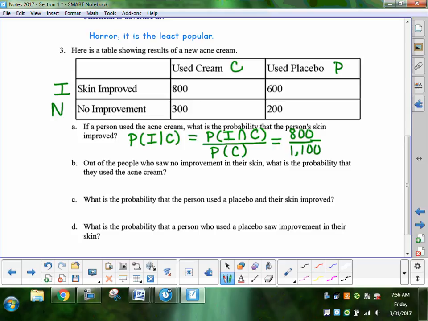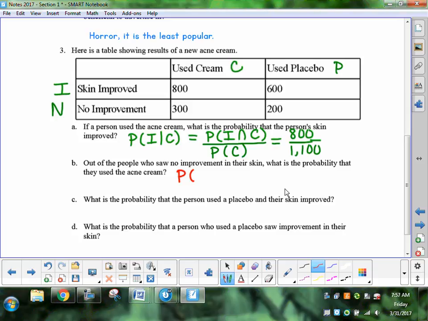What about for the second one? Jack, what's your setup on that going to look like? Probability of what given what?